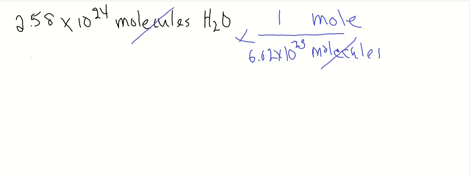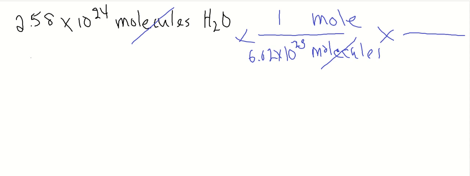Now, we still can't measure moles in a lab. So we're going to convert that into grams because we can measure grams. We need a conversion factor to convert that unit we don't want, which is moles, into a unit we want, which is grams.